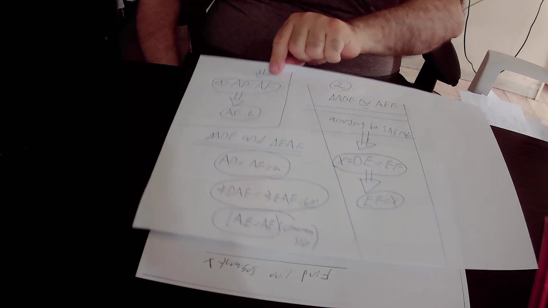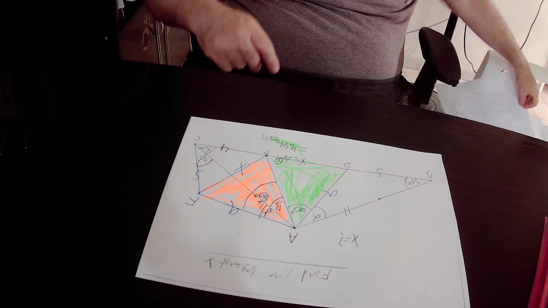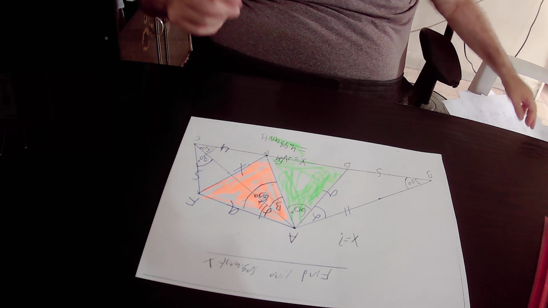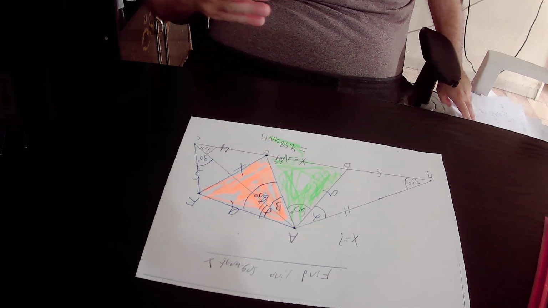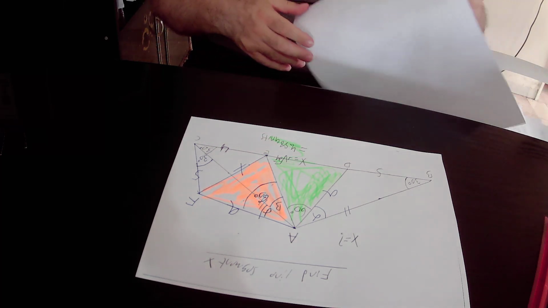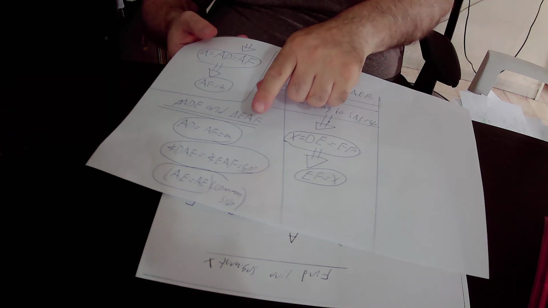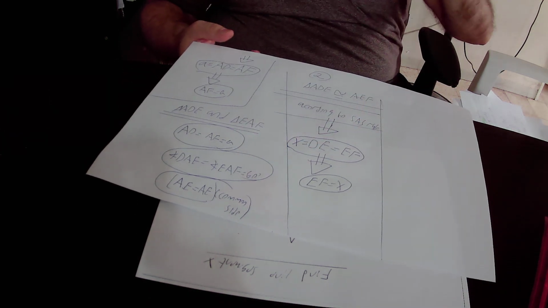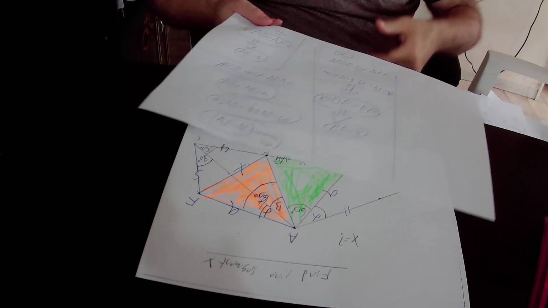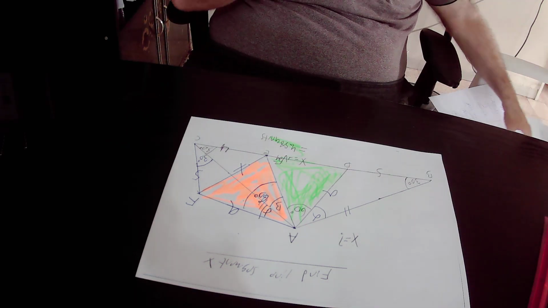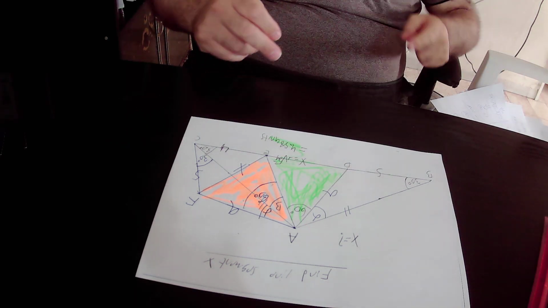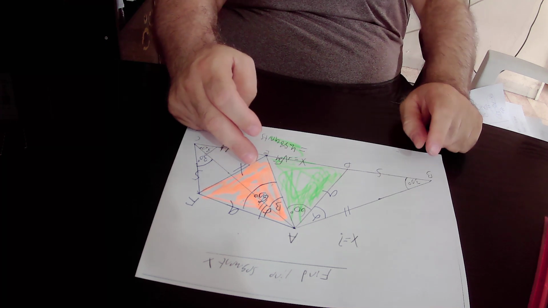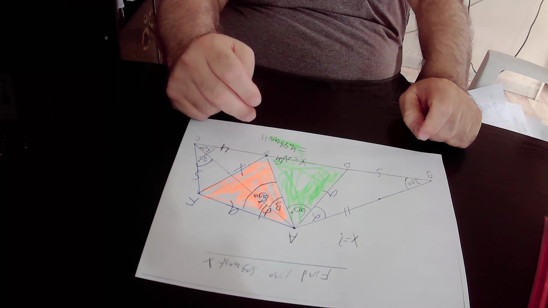And finally, side AE is a common side that belongs to both triangles, so this side is equal to itself. So we actually proved that those two triangles can go into each other according to the side angle side rule.